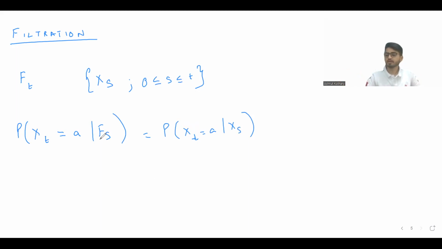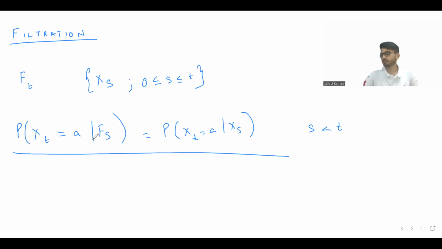All we need is the value at time s only, obviously given that s is less than t. So this is another way to write Markov if we are operating in continuous time. You can take this down. This is the way to express the Markov property in case of discrete space and a continuous time set.